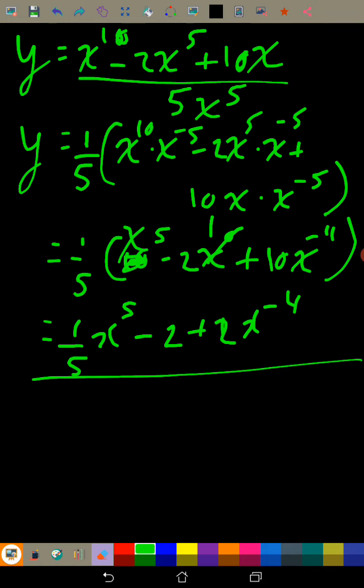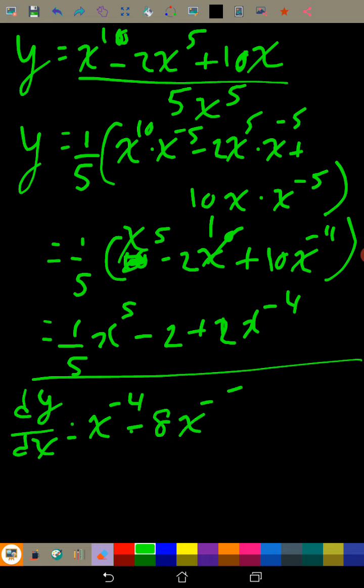I have this new equation, and if we do the dy by dx, we'll get 5 divided by 5, 1, x to the power of minus 4. The constant goes away, and we have 2 times minus 4, it's minus 8, x to the power of minus 5.